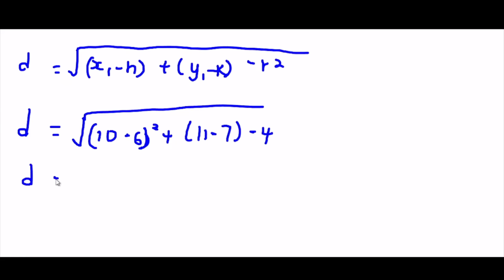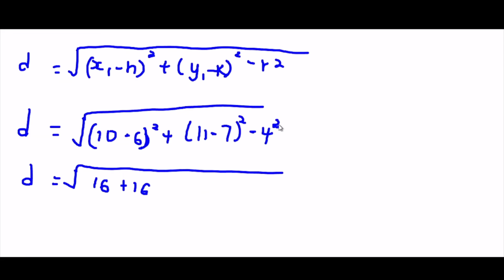So 10 minus 6 is 4, 4 squared is 16, 11 minus 7 is 4, 4 squared is 16, and this is just 4 as it is, so minus 4, whereby 32 minus 4 is 28.